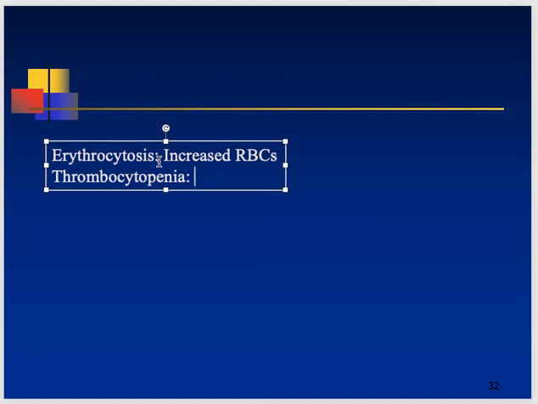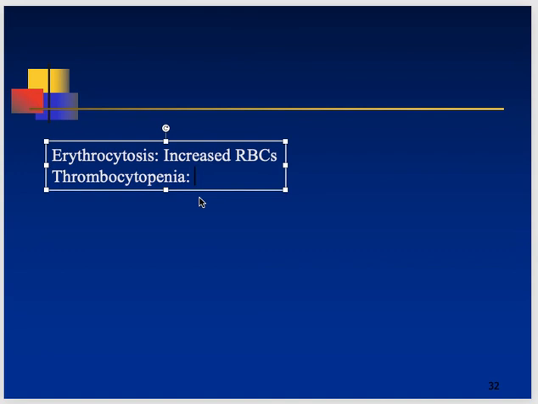What is thrombocytopenia? Thrombocytes are platelets. When the platelet count is less than 150,000 per cubic millimeter, we call it thrombocytopenia because the thrombocytes or platelets are less.